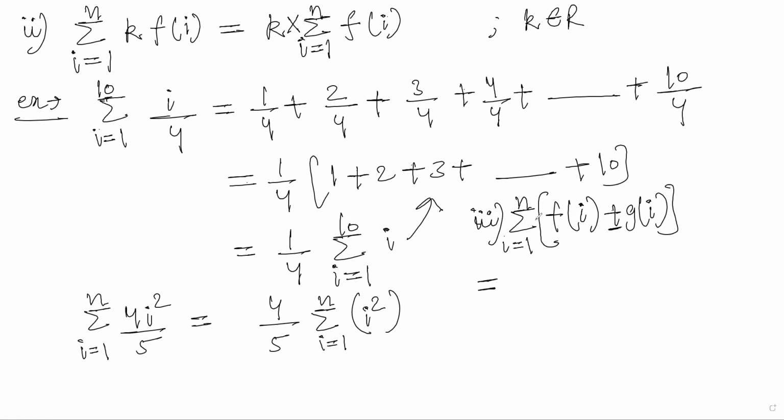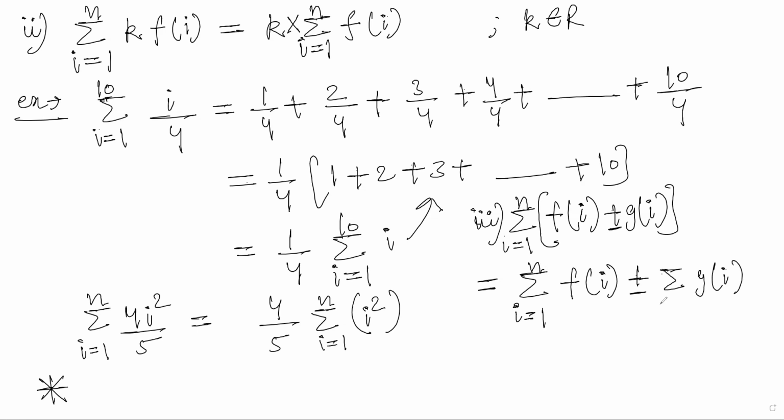So what we can do is distribute sigma. We can distribute sigma over addition and subtraction. What does distribution mean? Distribution means that this sigma can be applied individually on f of i and then individually on g of i, but only if these two are in addition or subtraction.